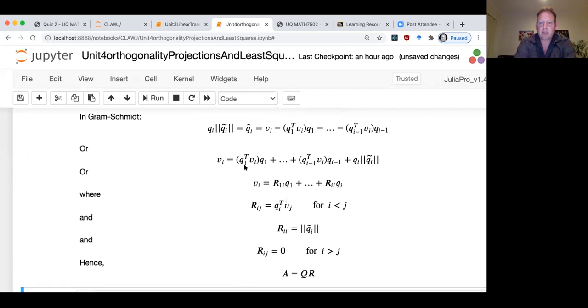The weights of the linear combination, let's call them R1i, Q1 transpose times Vi, R2i, Q2 transpose times Vi, up to Rii. And what are those R's?